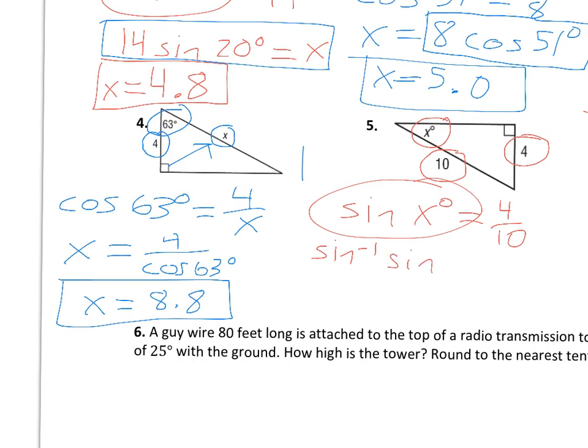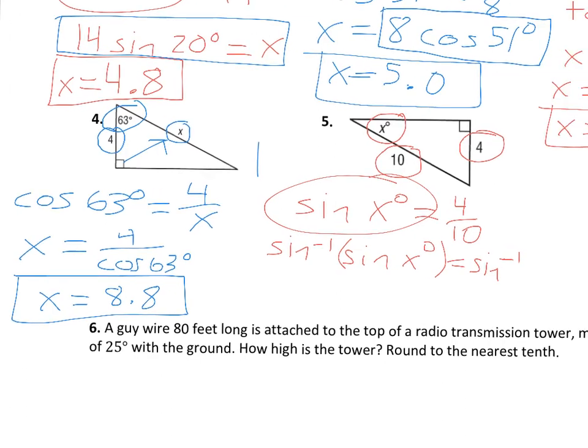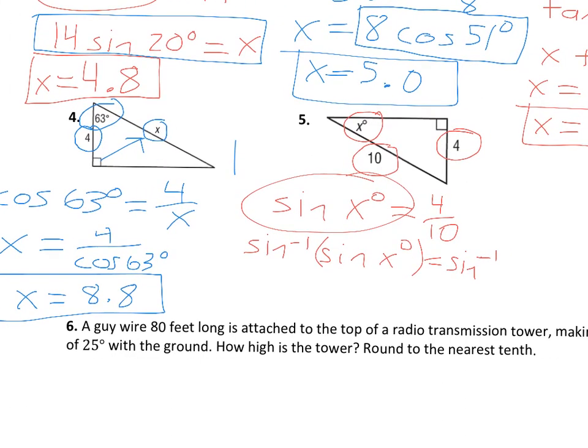So if I take the inverse sine of both sides, and I could reduce that to 2 over 5 if I want, or I can leave it as 4 over 10. So I take the inverse sine of both sides.